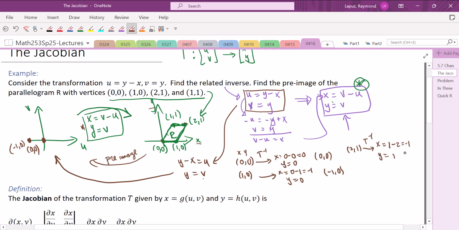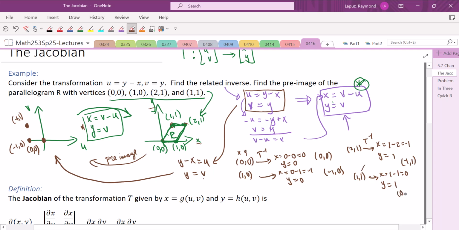So this will give us a point negative 1 comma 1. So negative 1 comma 1 is over here. And then our last point, 1, 1, is going to be u equal to y minus x. And then v is going to be the second component, which is 1.